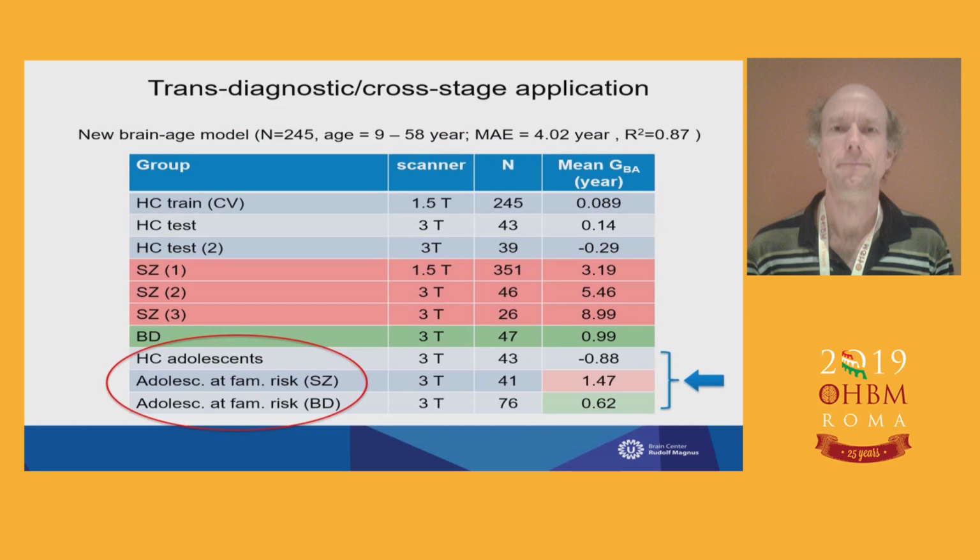Let's see if we can already detect an increased age of the brain in these subjects. And indeed, you see very mild increases in schizophrenia, somewhat more than in bipolar disorder. But compared to the offspring of the healthy subjects, you see already that their age is a bit increased. So this could be a promising marker to detect problems in those subjects.